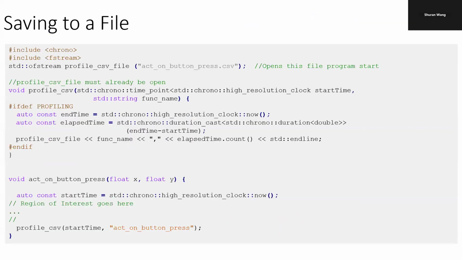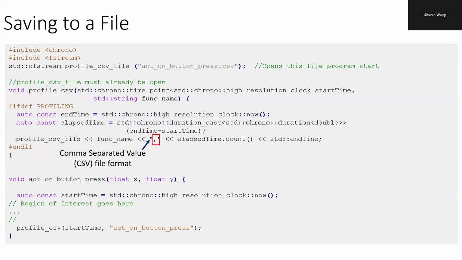Or another option is we can open up a profile CSV file at the beginning of your execution. And then whenever you want to profile, you first record the start time. And at the end, you call profile CSV. In this file, it will get the end time, compute, and output to the CSV file in the correct format.